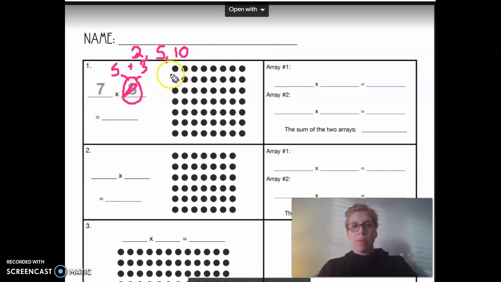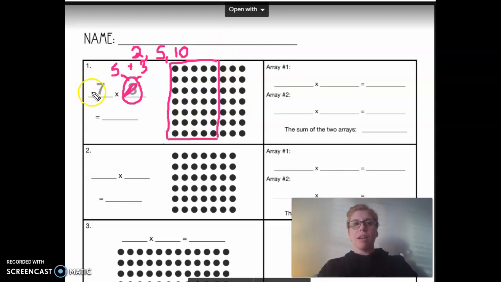So now I'm going to come up to my array and I'm going to make my array match my new math problem here. So instead of my array being 7 times 8, it's going to be 7 tall and 5 wide. 1, 2, 3, 4, 5 wide. So I've got one array here, and you're going to do this on your paper.